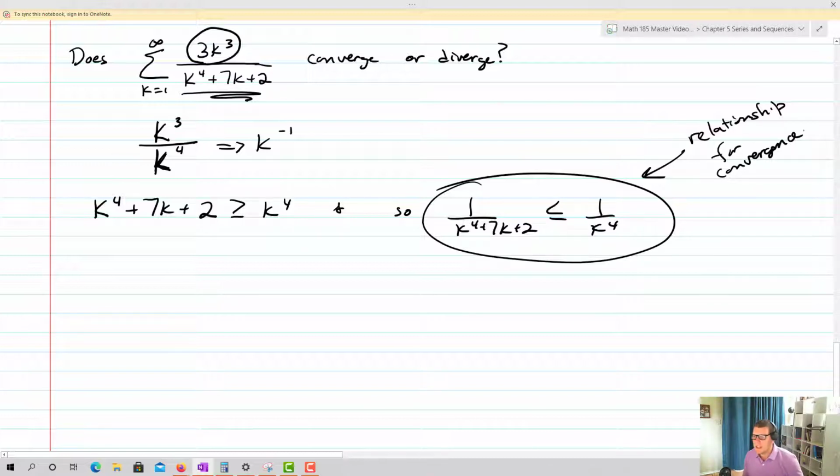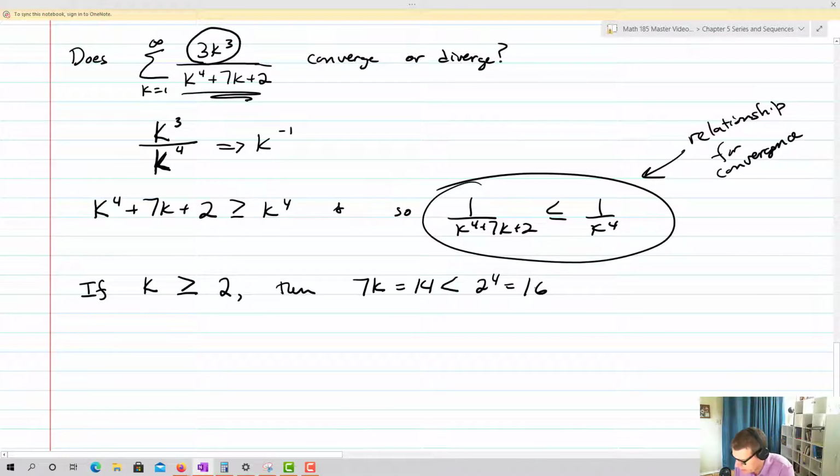So I'm going to be kind of clever here. I'm going to say, well, if k is greater than or equal to 2, then what we'll notice is that 7k, which will equal 14, is going to be strictly less than k to the fourth, or 2 to the fourth, which equals 16.